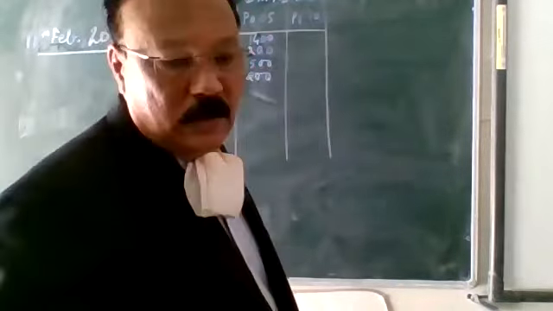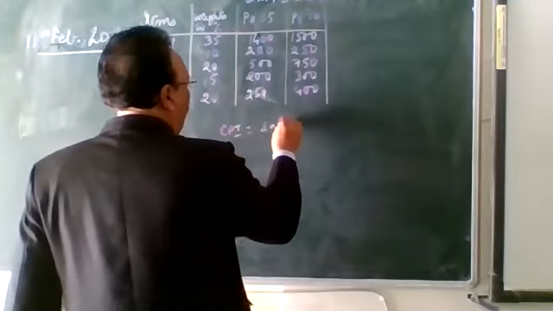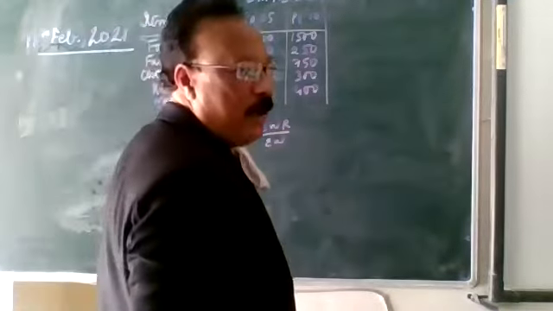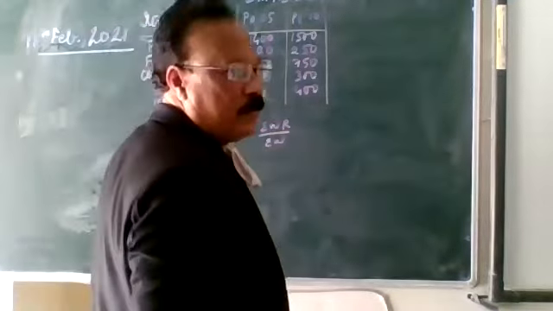So now consumer price index is equal to sigma WR upon sigma W. This is the formula I had given you. First and foremost, we have to find R. R is equal to P1 upon P0 into 100. Which means in the rough column, take 1500 upon 1400 into 100.